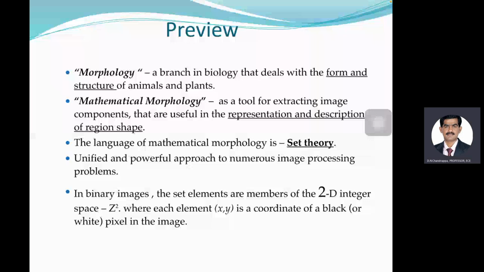The set of elements are in a two-dimensional integer space. Two-dimensional means each element has coordinates called x and y. We are using those x and y coordinates in the binary image.